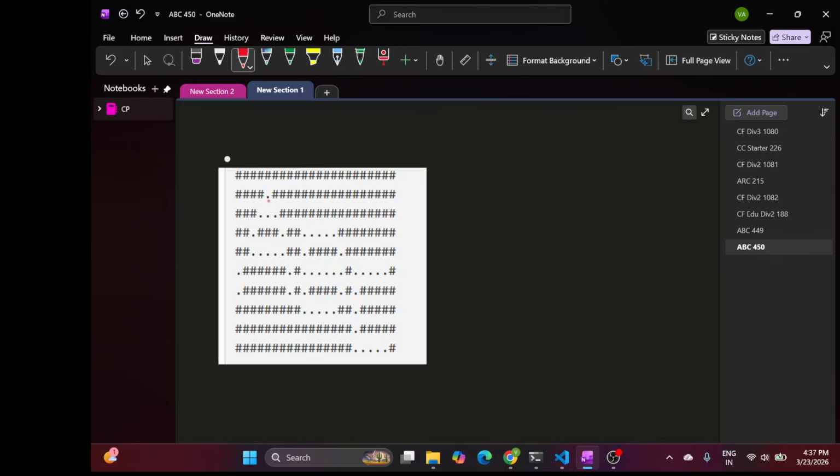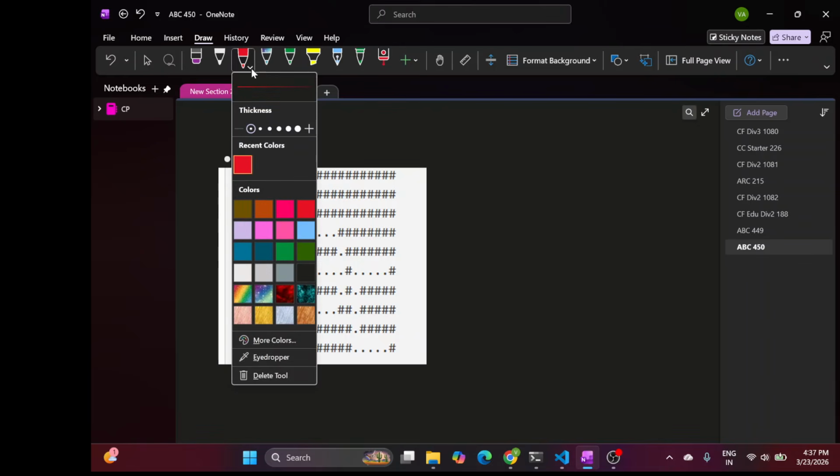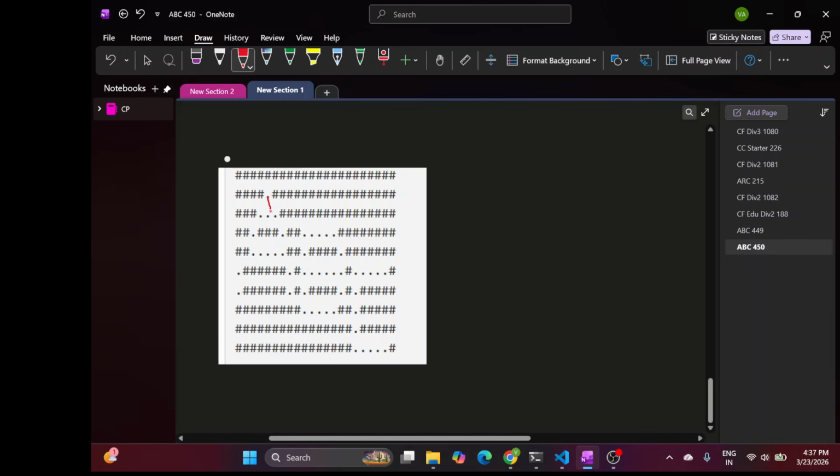All right. So this is our, actually let me reduce the thickness. So this is our first one, and this is our second cell. Now this here is our third cell, and this is our fourth.